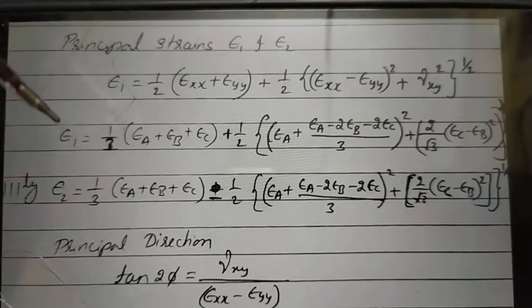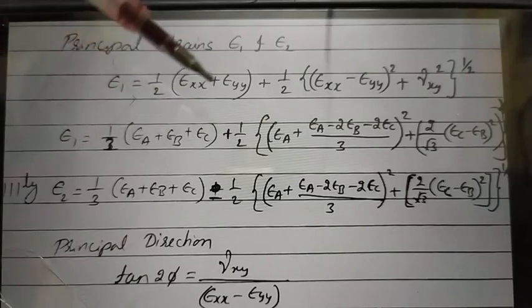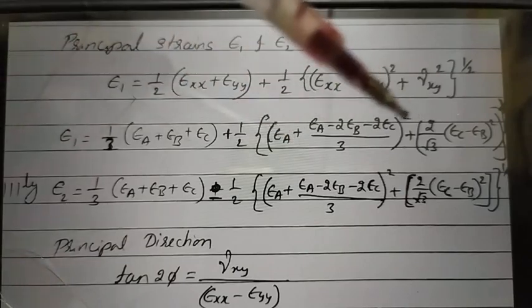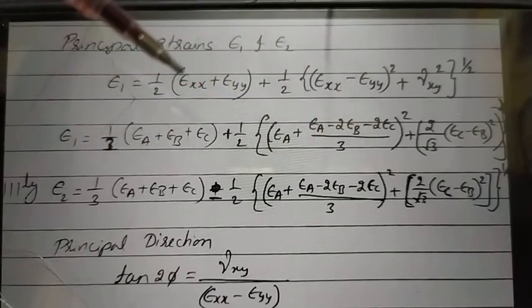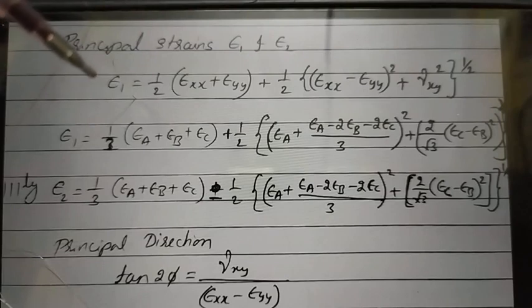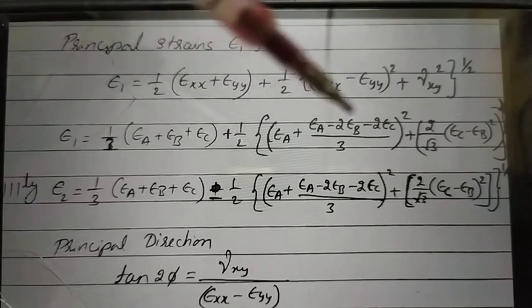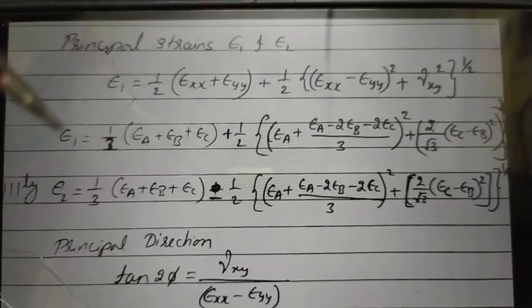Okay, you can see here epsilon 1 means it is a simplified equation. You can directly remember this, or you can substitute the epsilon xx values in the basic equation and determine the epsilon 1 value in the problems. Or you can find these expressions to give the relations.